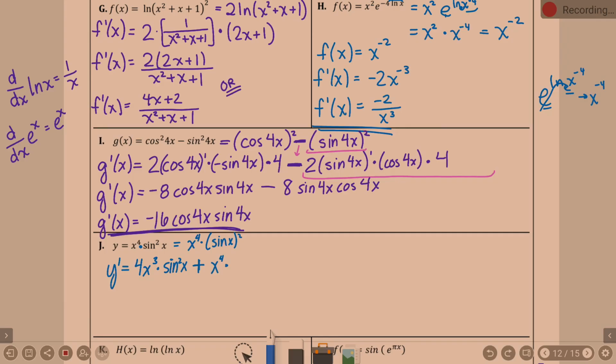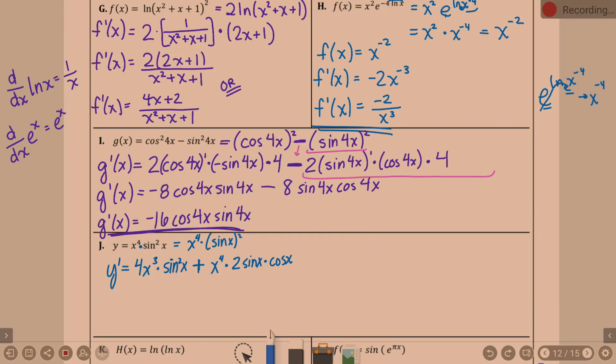So the derivative of something raised to the second is 2 times the something raised to the first, times, do I have to use chain rule here? Yeah, because what was raised to the second? Sine x. Sine x is a function you can take the derivative of. So what's the derivative of sine of x? Cosine of x.